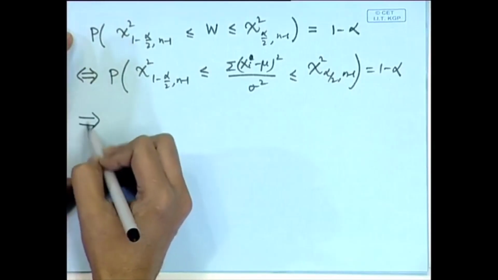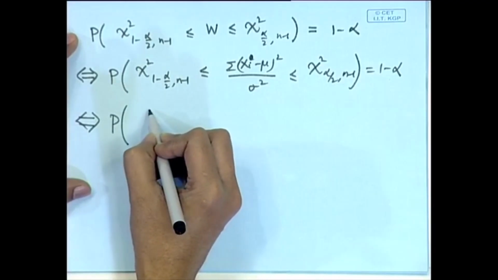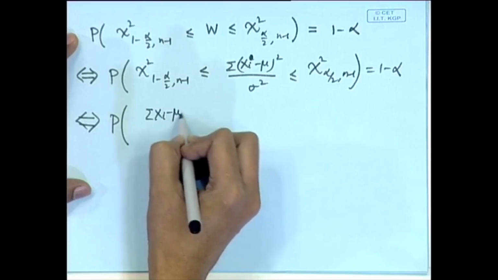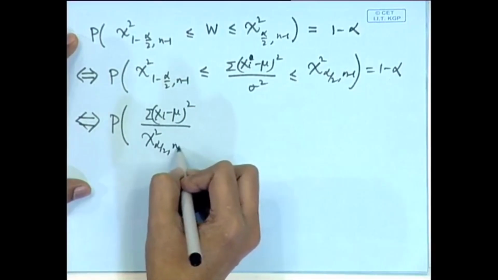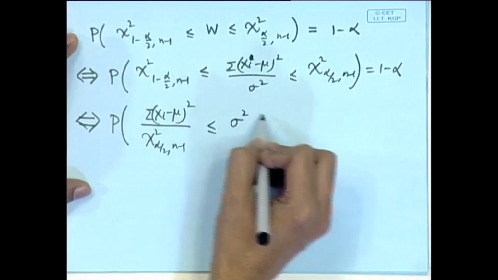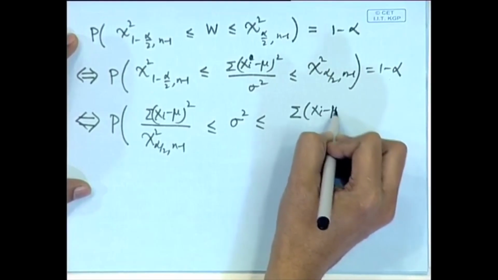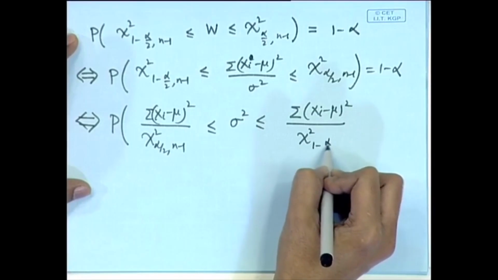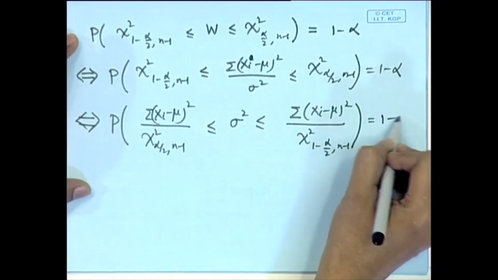So this statement is equivalent to the probability that the sum of (x_i minus mu) whole square divided by chi square alpha by 2, n minus 1 is less than or equal to sigma square, which is less than or equal to the sum of (x_i minus mu) square divided by chi square 1 minus alpha by 2, n minus 1.